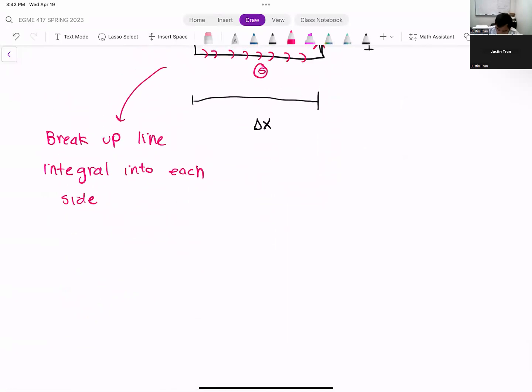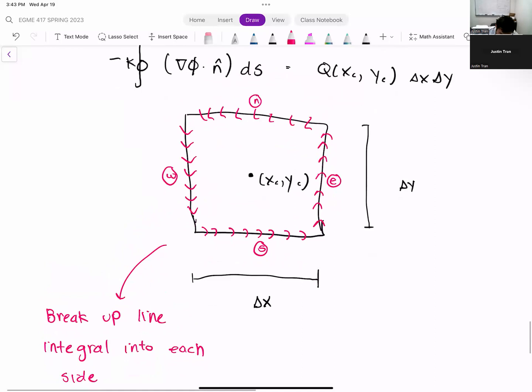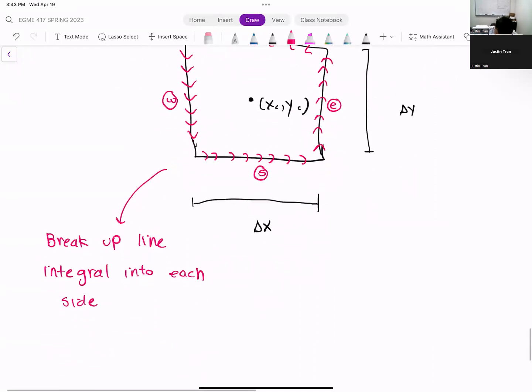The other thing we have to do is take our integrand. Our integrand here is the gradient of phi dot product with n. What we have to do is evaluate this on each side of our cell.